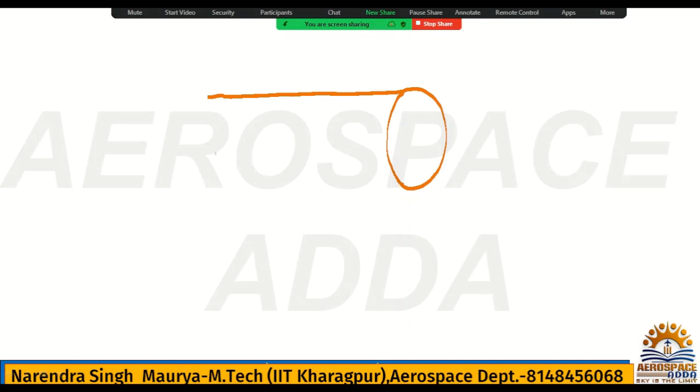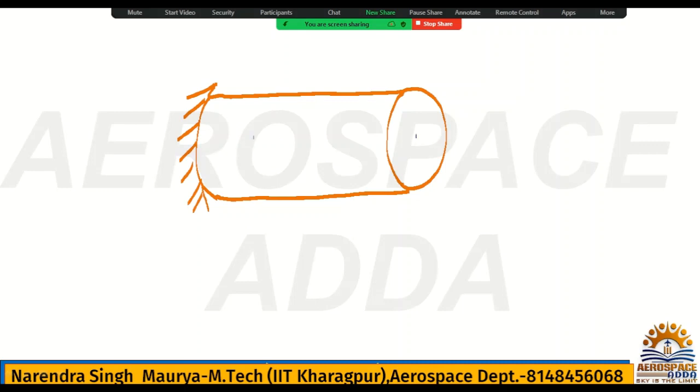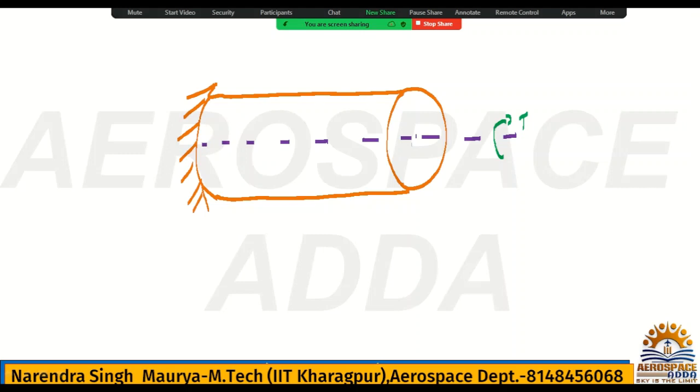Now for this shaft, if this side is connected with a fixed end, and if you apply a torque around the axis, not along, around this axis, which is also called twisting moment, what will happen? Check the diagram.